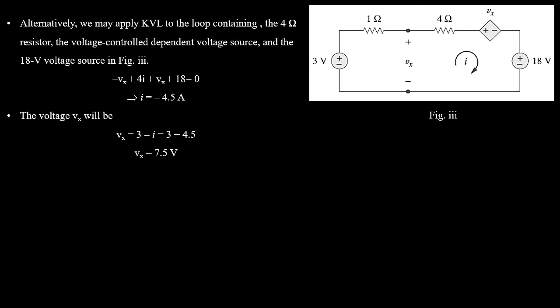Or alternatively, if we apply KVL to the loop containing the 4 ohm resistor, the voltage controlled dependent voltage source, and the 18 volt voltage source, the loop equation will be minus Vx plus 4i plus Vx plus 18 equals 0, which implies that current will be equal to minus 4.5 amperes, and the voltage Vx will again be 7.5 volts.